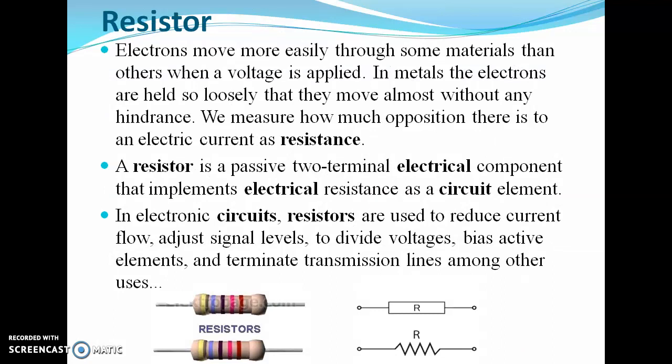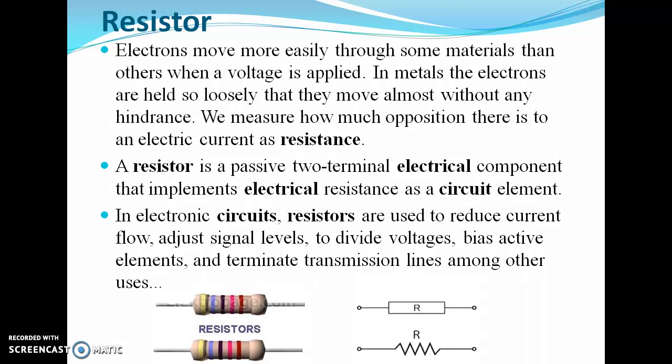Next is resistor. Now resistor is also frequently used in electronic circuits. Now electrons move through some materials more easily than others when a voltage is applied. It means in metals the electrons are held so loosely that they move almost without any hindrance.